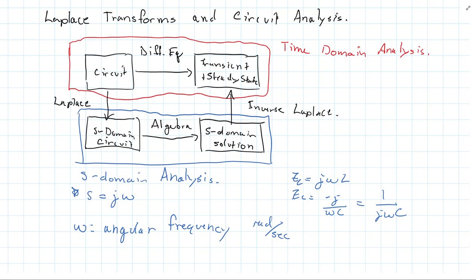So when we're doing S domain analysis, what we're really doing is frequency domain analysis. It's an interesting concept: we're taking the circuit, transforming it into the frequency domain, doing analysis, and then transforming it back to the time domain to have both the transient and steady state.